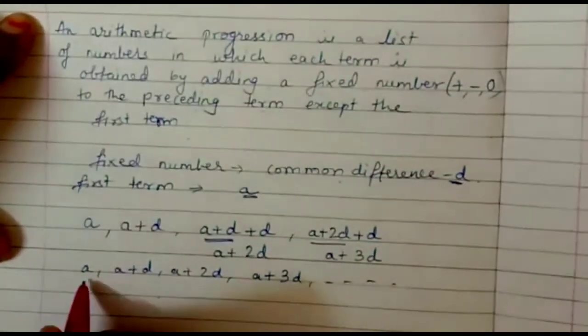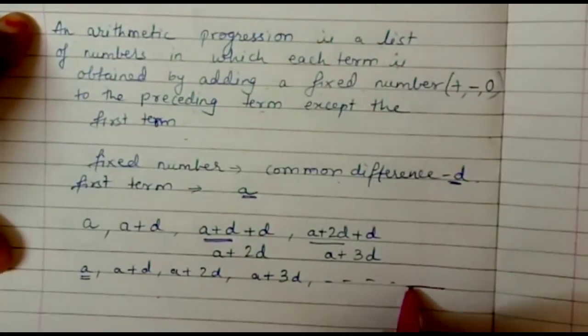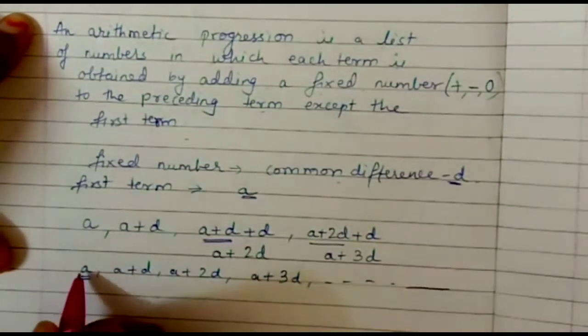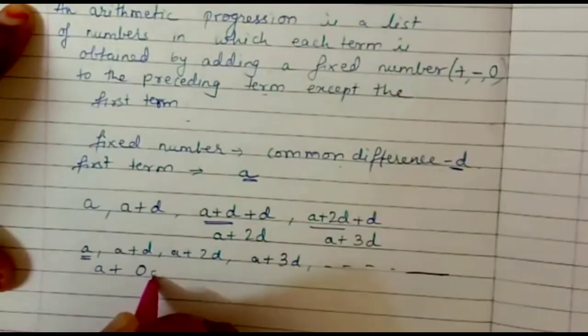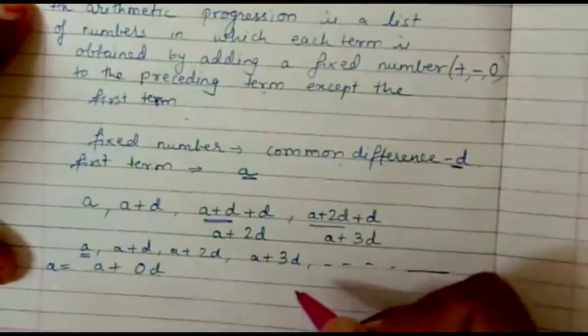Now A is your first term. Suppose we don't know which is the last term. As you can see, the first term A can be written as A plus 0D.